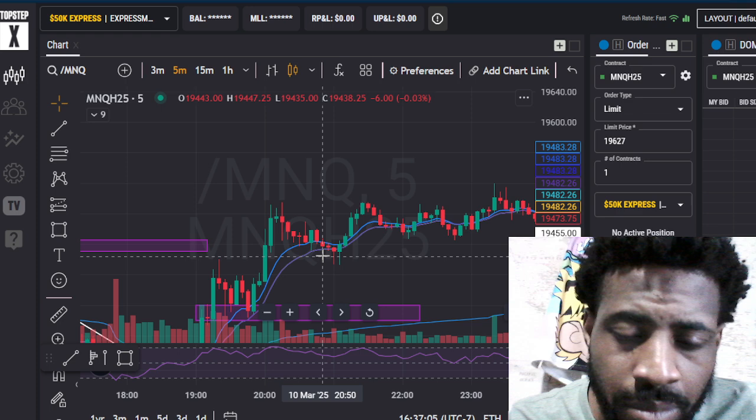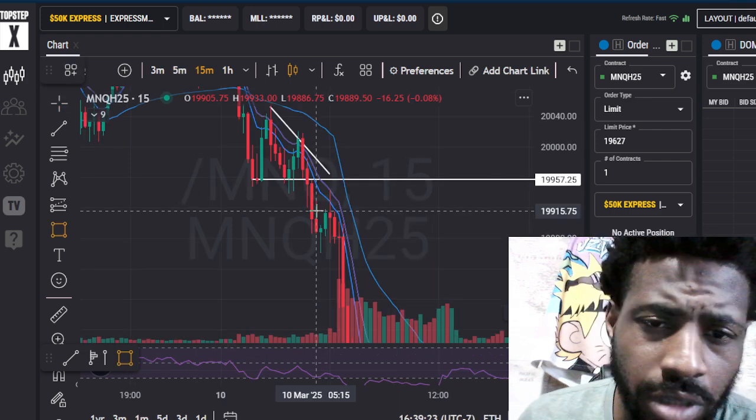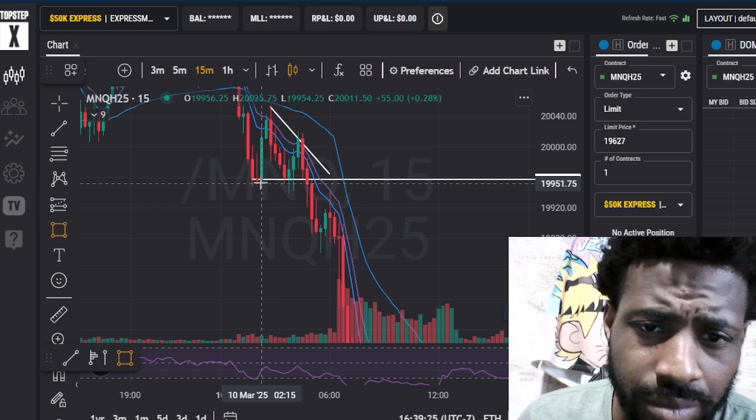You got a little flag pattern right here. Okay. Broke that flag pattern to the downside. You look for an entry here.